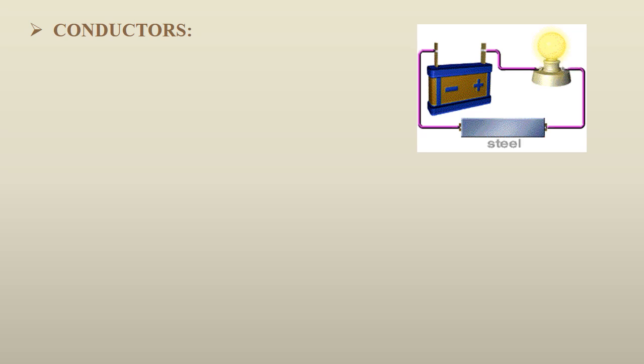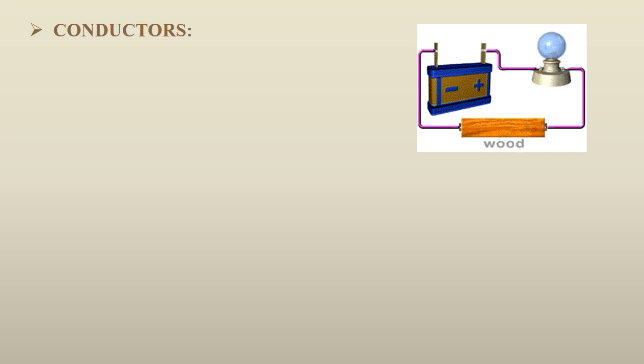As you can see on the right-hand side of your screen, a circuit has been designed. If it is passing through a conductor, the bulb glows, and if it is passing through an insulator, the bulb does not glow.